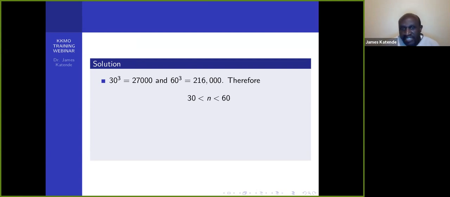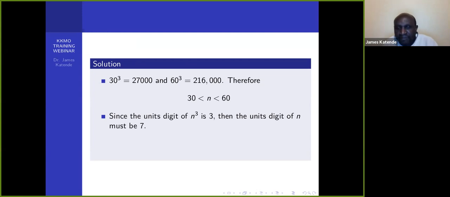So using the same ideas, we know that the unit digit of n cubed is 3. And this can only happen if the unit digit of n itself is 7. If you multiply 7 by itself 3 times, 7 times 7 gives you 49, and then 7 times 9 will give you 63. So if the unit digit of the cube is 3, then the unit digit of the number n must be 7.